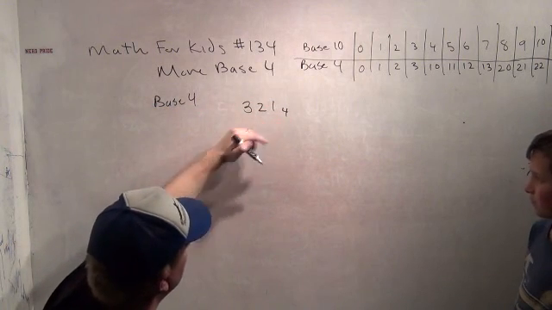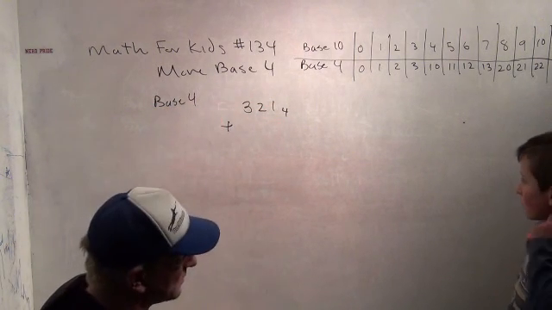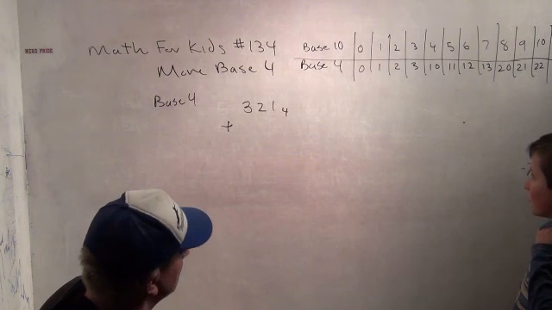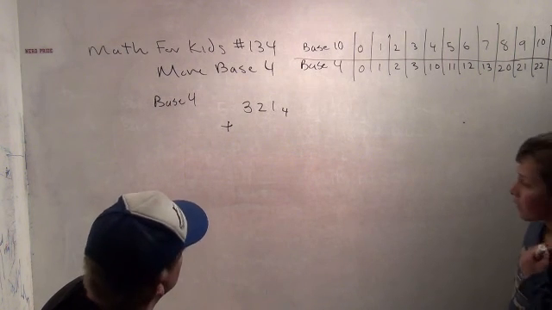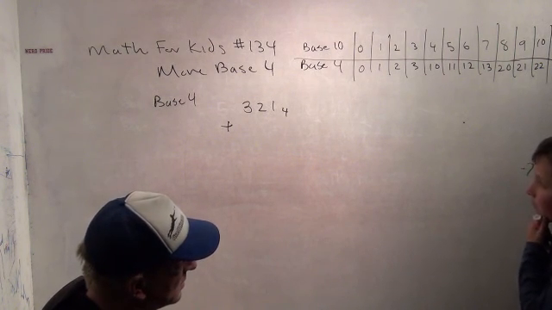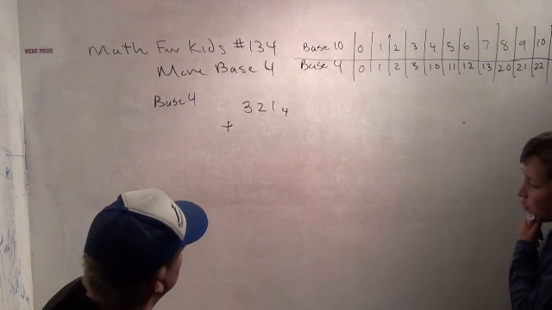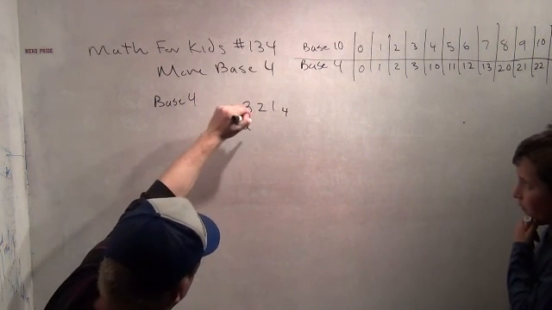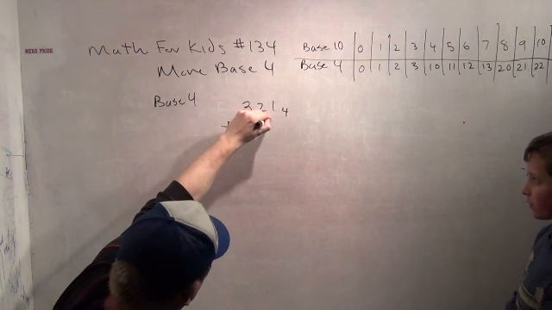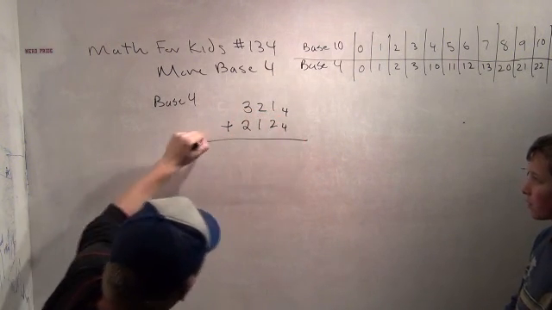That means the lower 4 means base 4, plus, what number should we do next? 212. 212, base 4. Okay, so great.